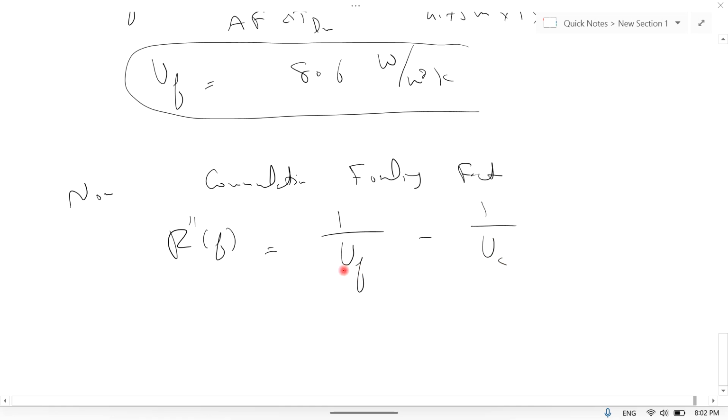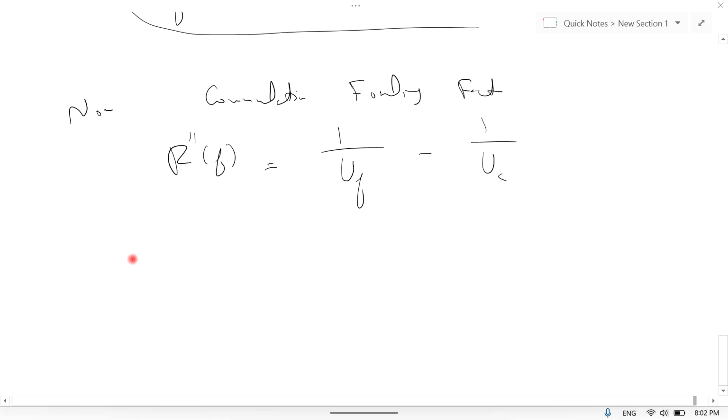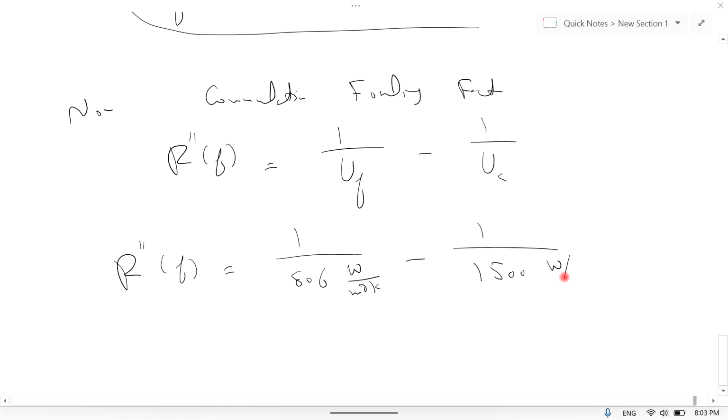UF means fouling overall heat transfer coefficient and UC means clean overall heat transfer coefficient. So R double dash F is equal to 1 over, in case of fouling, 806 watt per meter square per Kelvin. In case of the clean overall heat transfer coefficient, it is given in problem 11.14, which is 1500 watt per meter square per Kelvin.